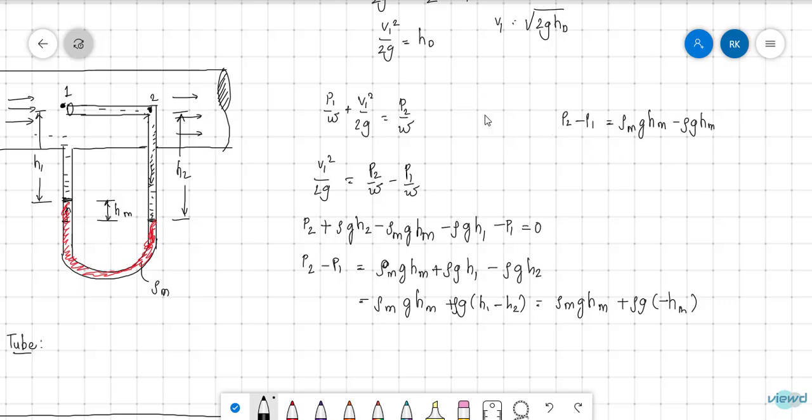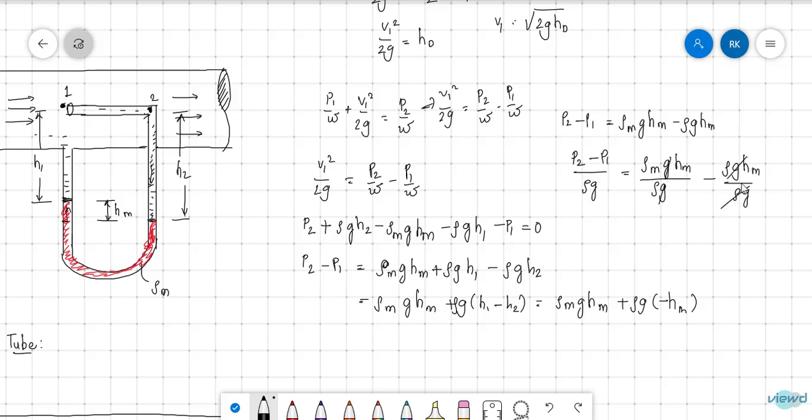So what do we need? We need V1 square by 2G is equal to P2 by W minus P1 by W. So dividing it with rho G, we get rho m G Hm by rho G minus rho G Hm divided by rho G. So G gets cancelled.